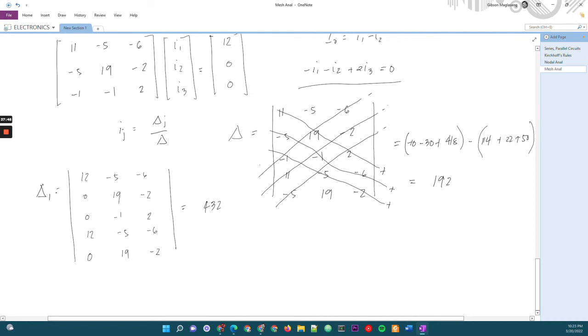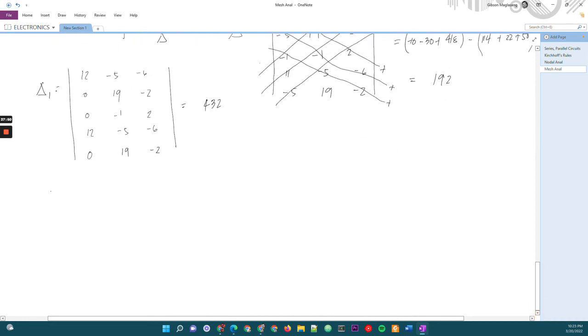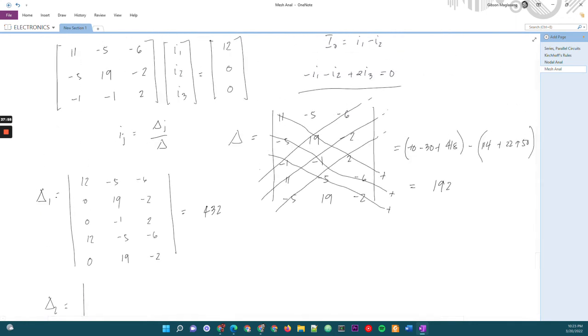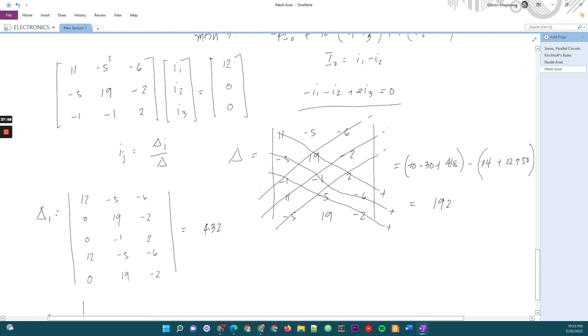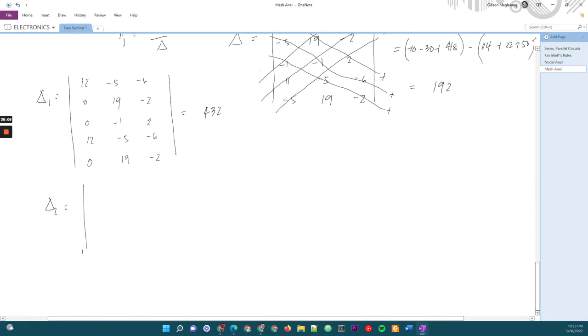And then for delta 2, okay? So for delta 2, ang kabira nimo is ang kanina pod siya, ang kaning second, pulihan nimo ani nga values. So you get this one, 11, negative 5, negative 1, 12, 0, 0, negative 6, negative 2, and then 2.